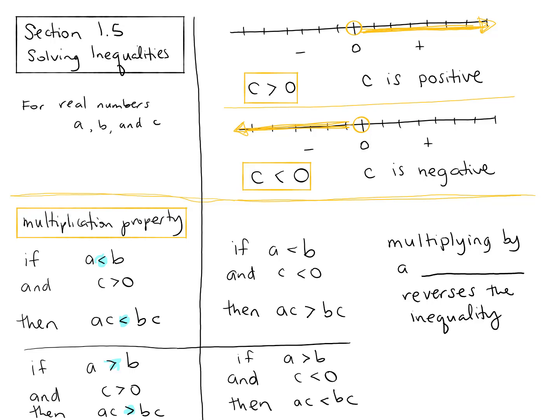You want to see that this inequality symbol, which started off as less than, turned into a greater than. And this one that was a greater than turned into a less than. So we have that rule that we can write in words: multiplying by a negative reverses the inequality.